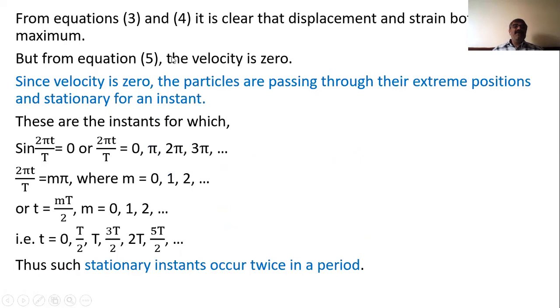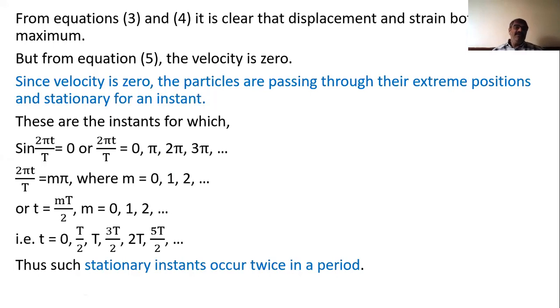From equation 5 you will find that velocity is 0 if we put the sine function as 0, and displacement and strain are maximum. When the particle performing SHM is at its extreme positions, its velocity is 0. That means the particles are at their extreme positions and stationary at that instant.